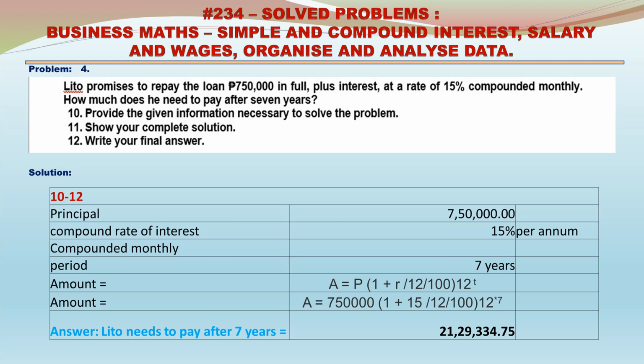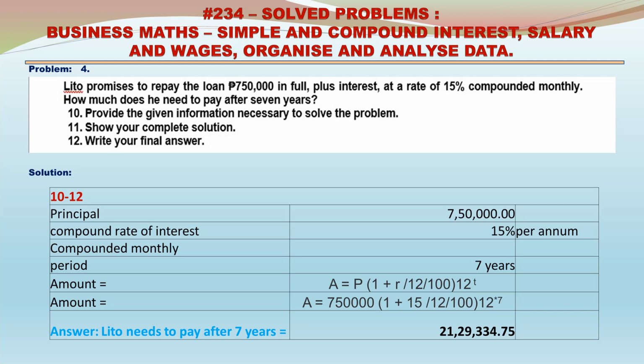Problem 4. Leto promised to repay the loan 750,000 in full plus interest at a rate of 15% compounded monthly. How much does he need to pay after 7 years? Provide the given information necessary to solve the problem. Show your complete solution. Write your final answer. Principal 750,000. Compound rate of interest 15% per annum. Compounded monthly. Period 7 years.